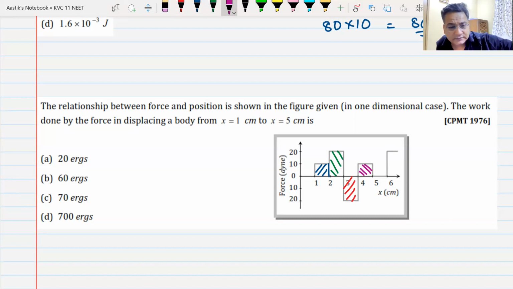Anyone has the answer? Can anyone tell me how much is this blue area?